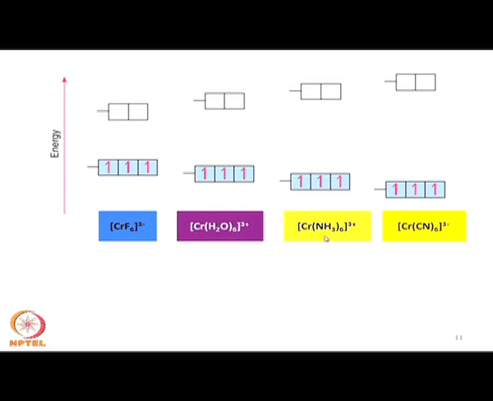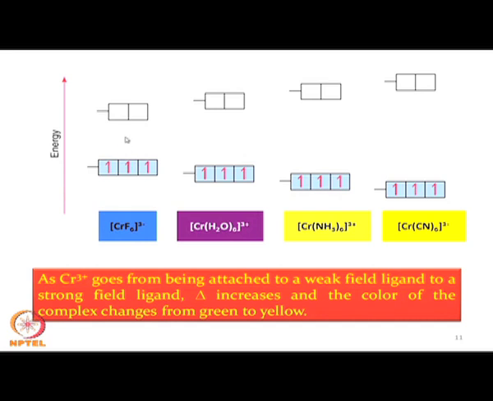But if we put some liquor ammonia or aqueous ammonia into the solution, immediately all the 6 water molecules will be substituted by ammonia. So, we get this compound, and ultimately we have the hexacyanochromate species. So, the splitting is changing from left to right. Here we have a small gap, then higher for this compound, more higher for the third, and this is the highest one for the fourth compound.